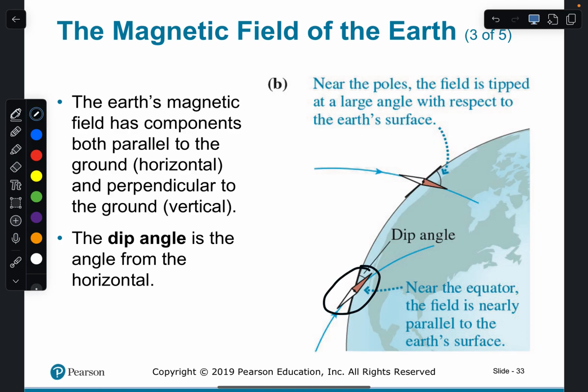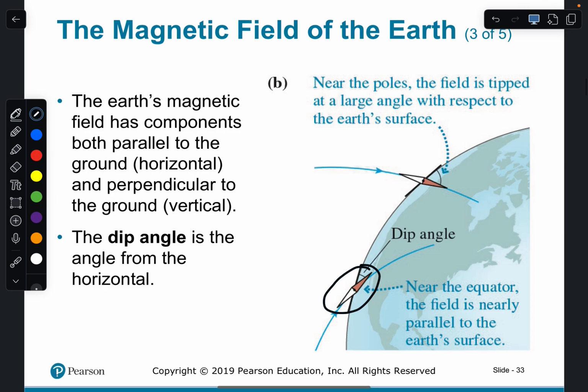There might be some questions that refer to Earth's magnetic field having two directions. One direction is the horizontal direction, which is parallel to Earth's surface. When you see that Earth's magnetic field is horizontal, I don't want you to think of XY or positive X, negative X direction.